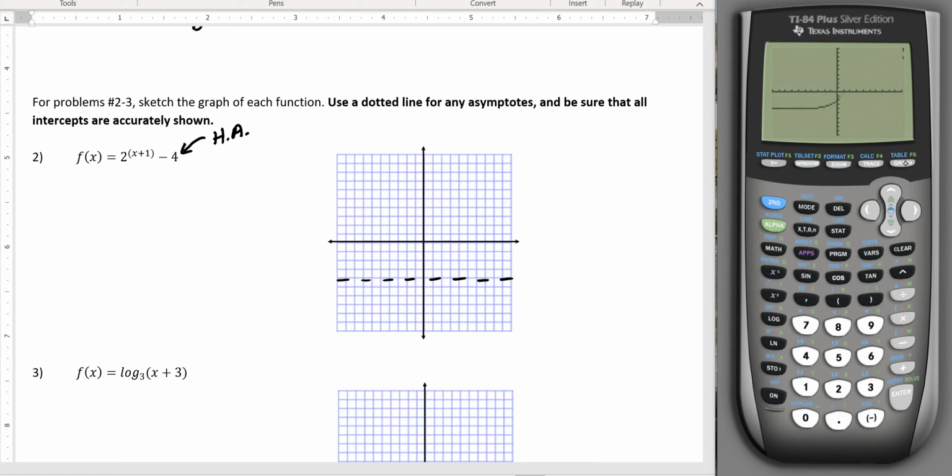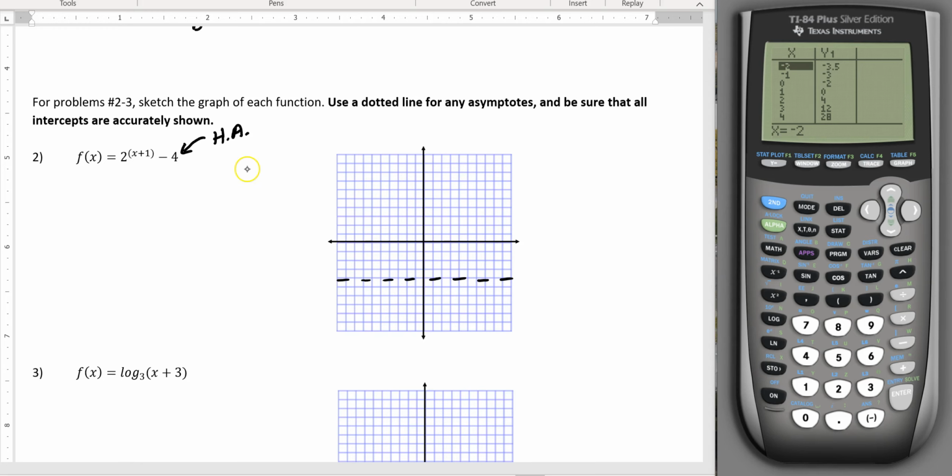Now remember, when we're plotting these points, we want to be sure we get the intercepts right, and we want to be sure that we get a certain amount of points. So let's go from -2 to 3 or so.